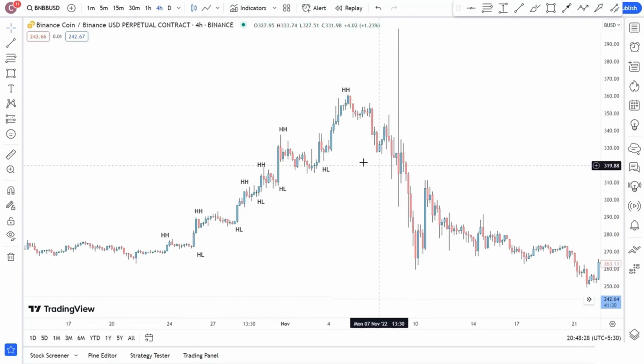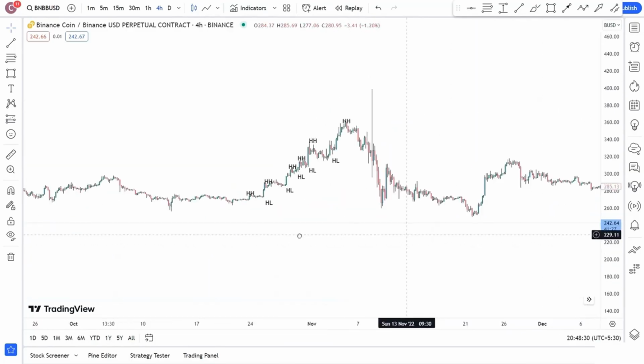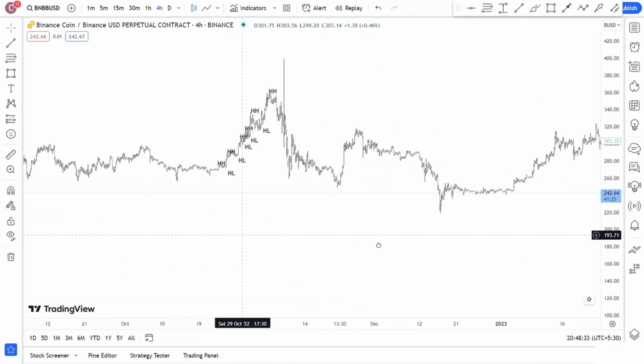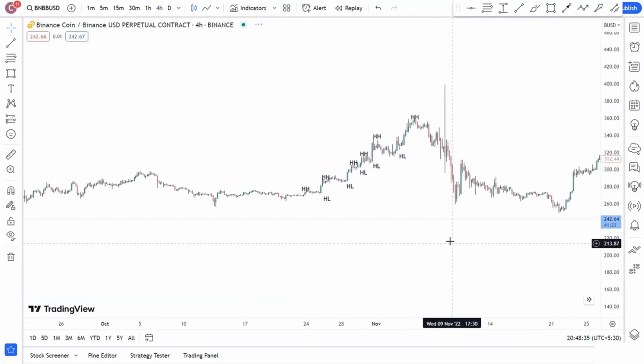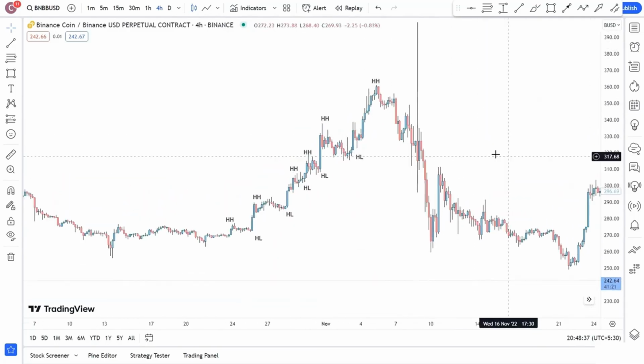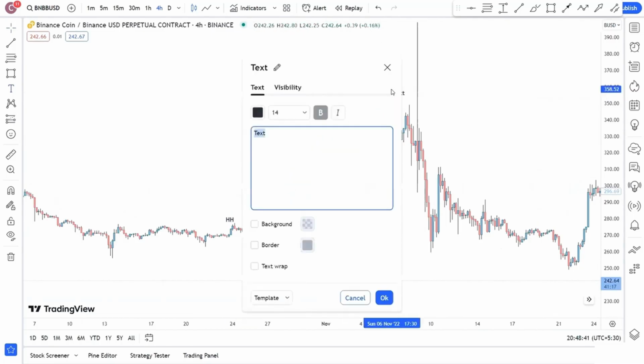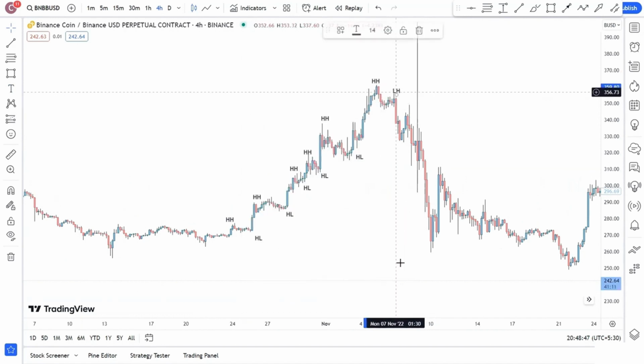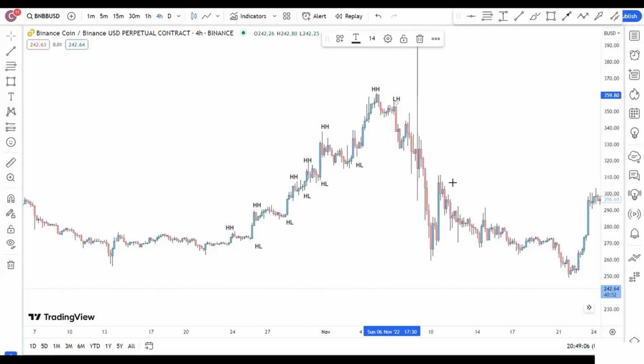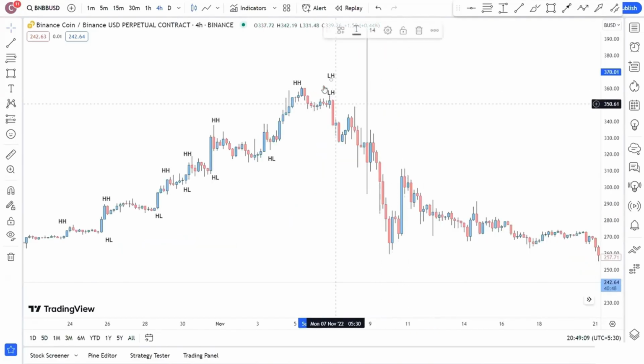But when we see here what actually happened, we didn't create another higher high. We just made a lower high right here. Another lower high, another lower high.